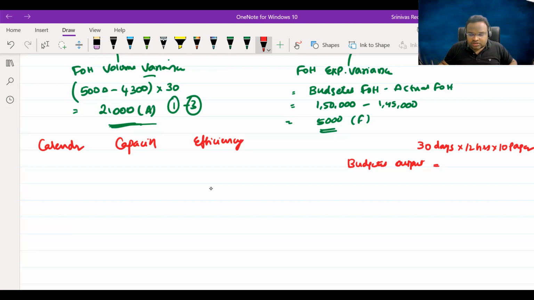Each hour you wanted to complete 10 pages. That is how you have arrived at the budget output. How many pages? 30 into 12 into 10 pages. So in 360 hours, you wanted to complete 3,600 pages.